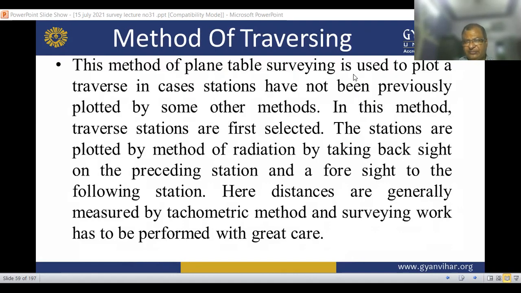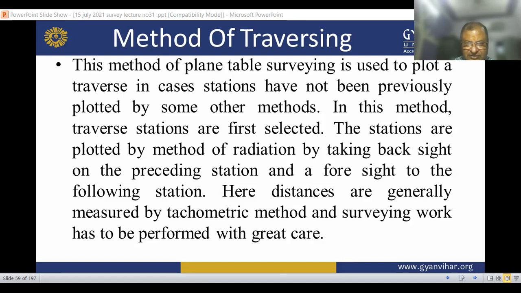Now we will discuss the method of traversing. This method of plane table surveying is used to plot a traverse in case the stations have not been previously plotted by some other method.